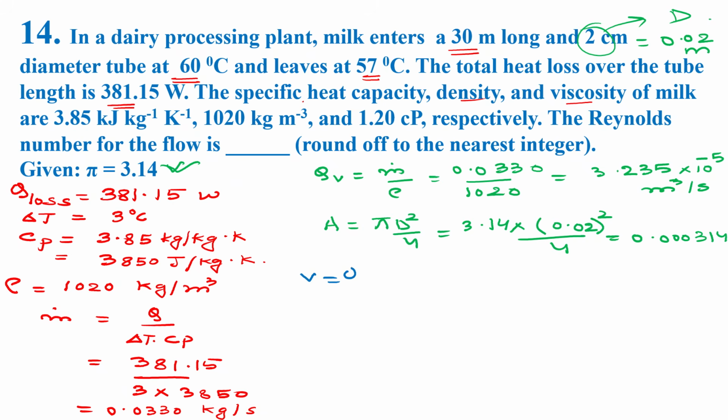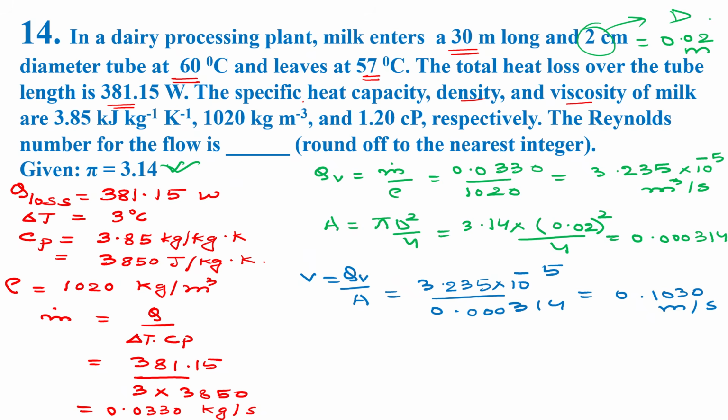QV is 3.235 × 10^-5 divided by the area, 0.000314. So it is approximately 0.1030 meter per second.